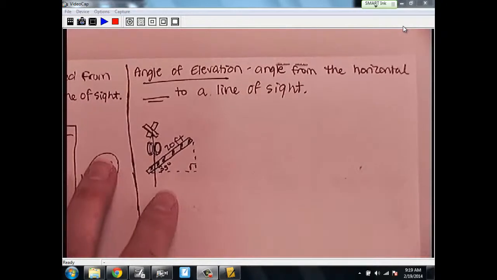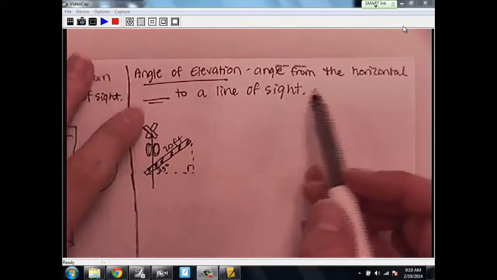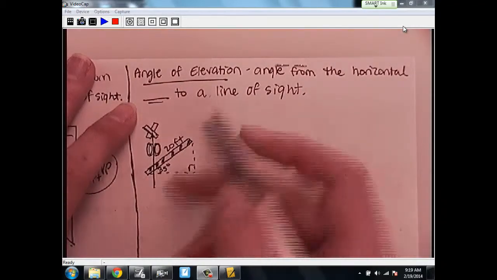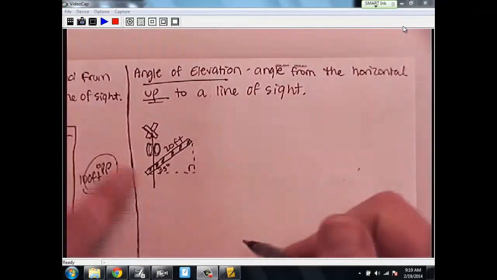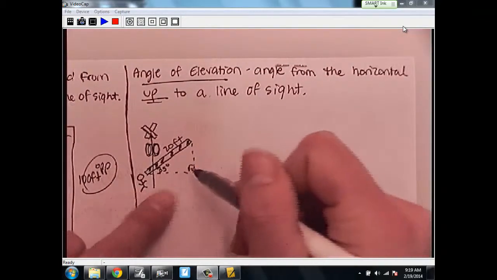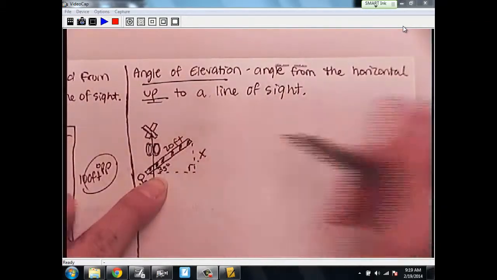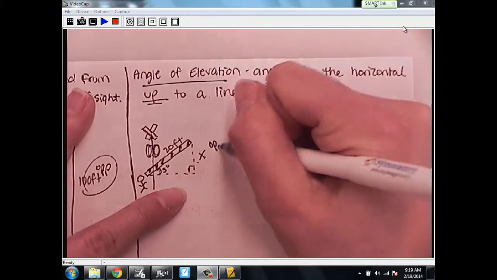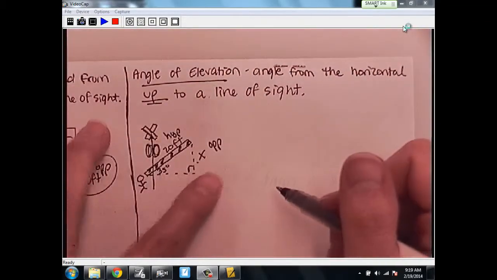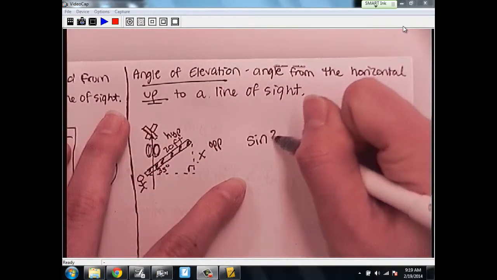Over here, if we talk about angle of elevation, that means we're looking up. It's an angle from the horizontal, so if we look horizontally and we're looking up to a line of sight, we stand here at our angle. We label our sides. I want to solve for x first. This is the side opposite, and this is our hypotenuse. Opposite and hypotenuse deals with sine.